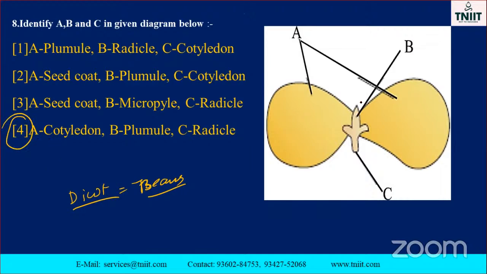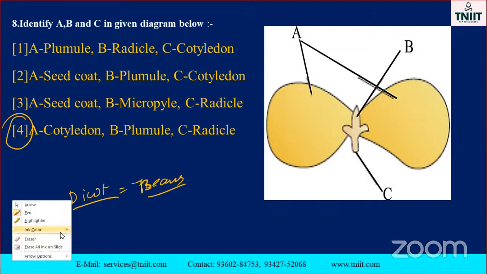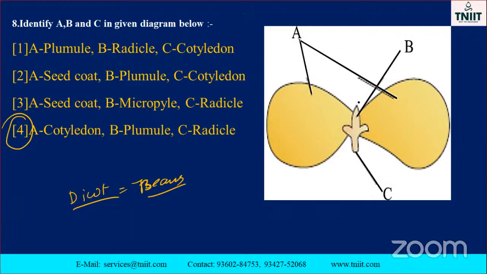This one you already know about. It is the upper growth of the plant body, which will grow as a shoot. The lower part you also know well. So already know cotyledon, plumule, radicle. So the fourth option is the correct answer. Plumule produces the shoot system.